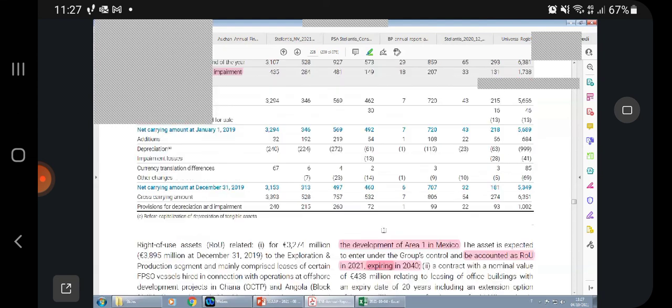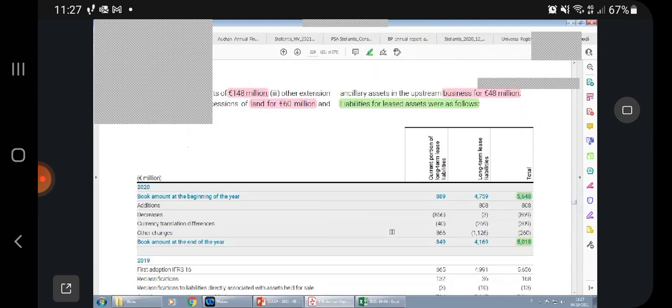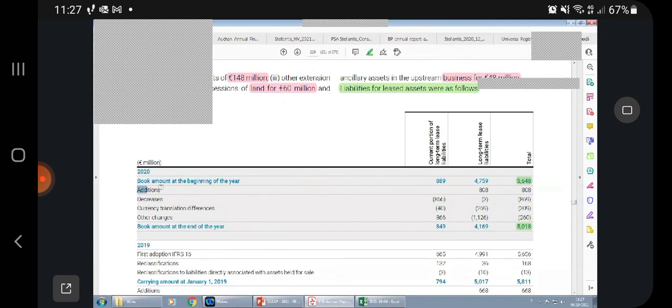And again, look, additions means increase in the lease liability because of new leases. Decreases means payments, reimbursements of principal for 869 million.